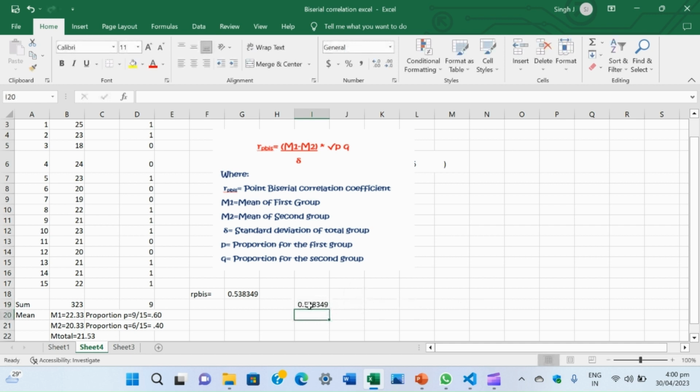We find the value of the point biserial correlation coefficient is 0.5383, which is approximate. Approximately it will be 0.54.